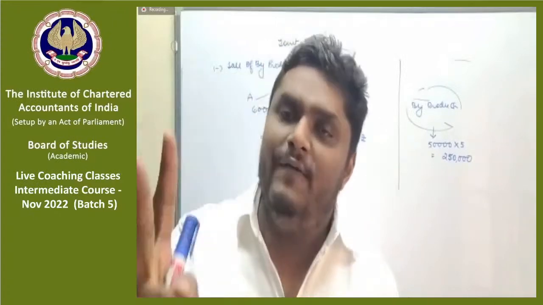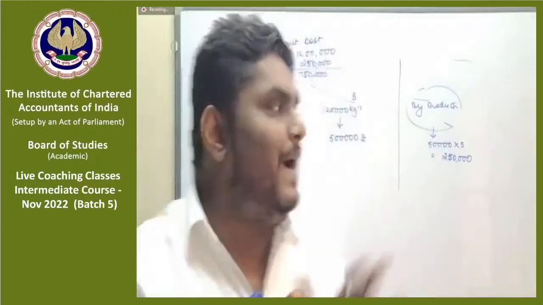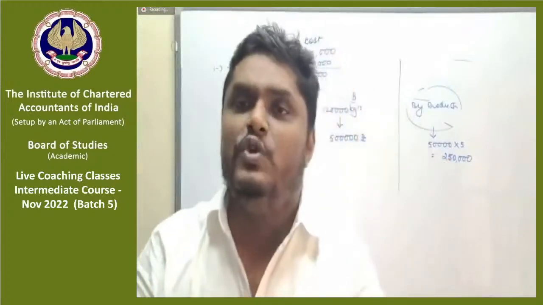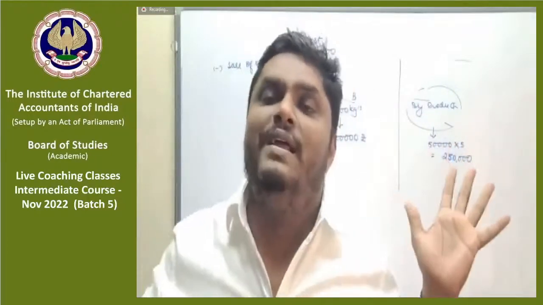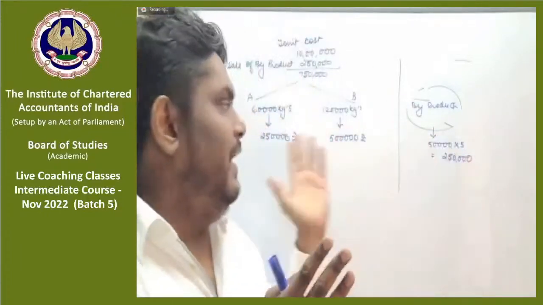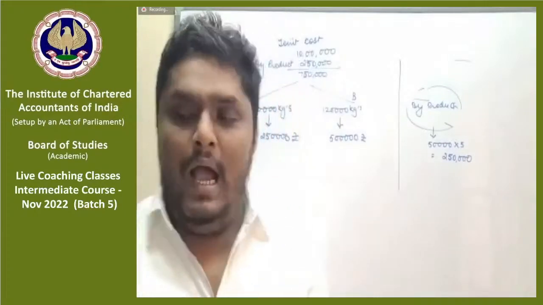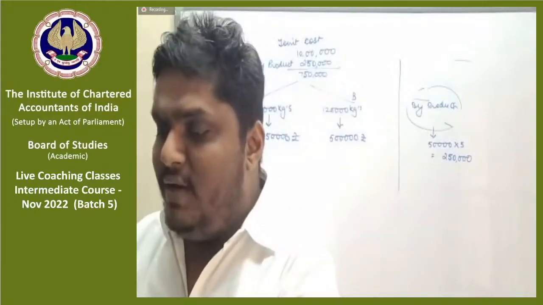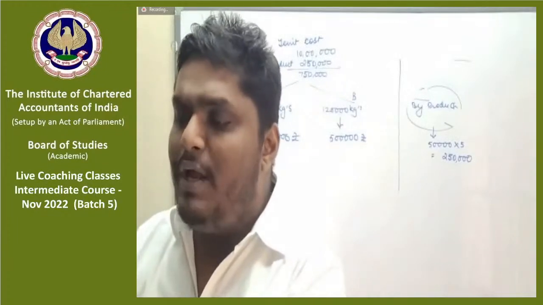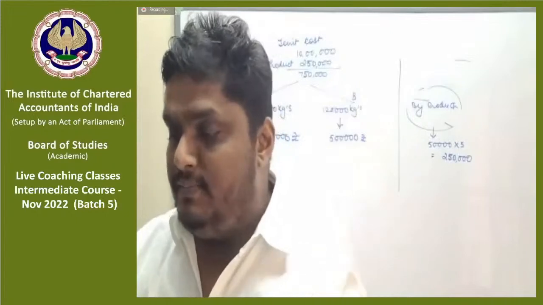Second point, they have given clearly that whatever value is realized on sale of byproduct is to be deducted from the joint cost. So everything is given clearly in the question. You have to follow the instructions as given, and thereafter distribute the joint cost. Apart from this, many more things are given in the question, like the selling price of product A and B and the further processing cost, which are completely irrelevant.